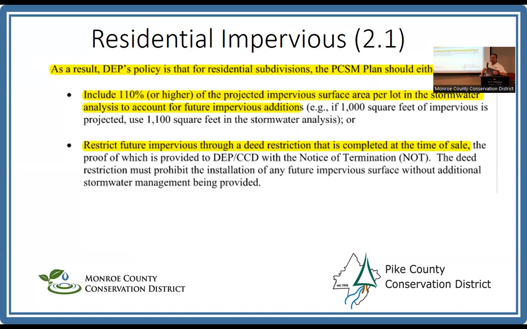We've kind of recommended that along to always take into account these sheds and pools and decks and other things that, obviously, everybody wants to add later on. So again, they're saying here, add 10% to account for those areas or restrict further impervious through a deed restriction that's completed at the time of sale. So again, that's another option. And then provide that deed restriction as part of your notice of termination.